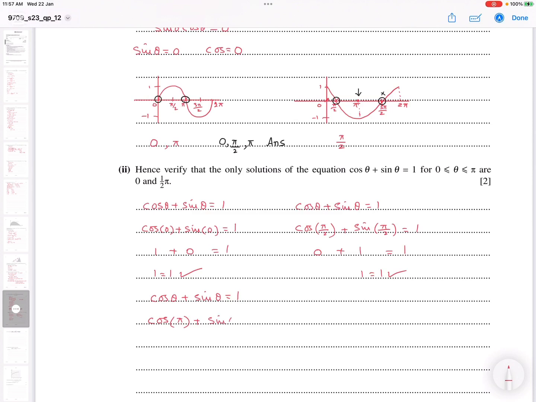So cos pi is -1, sine pi is 0. So -1 is equal to 1, so this is discarded. So we have shown that when we place 0, the equation is satisfied, and when we place pi by 2, the equation was satisfied. So this shows that 0 and pi by 2 are the only solutions of the equation.